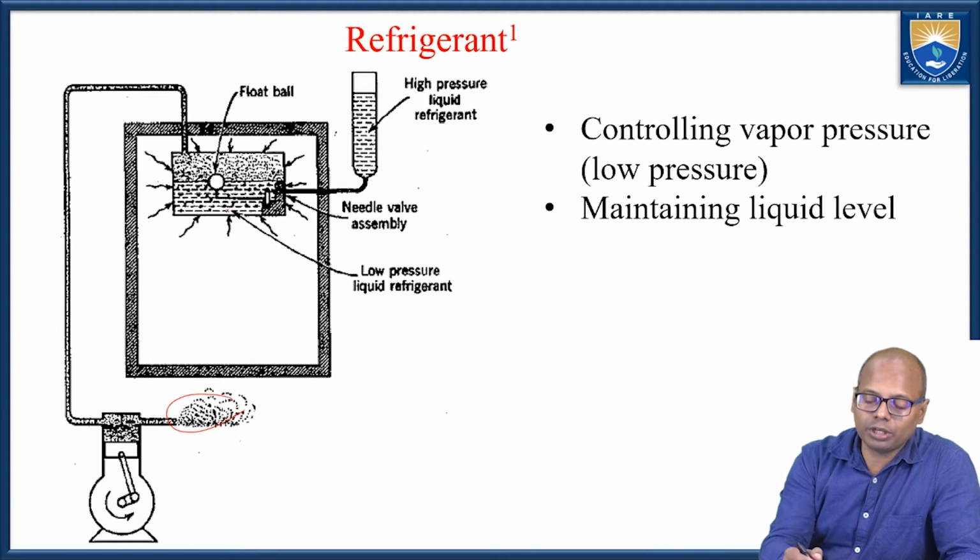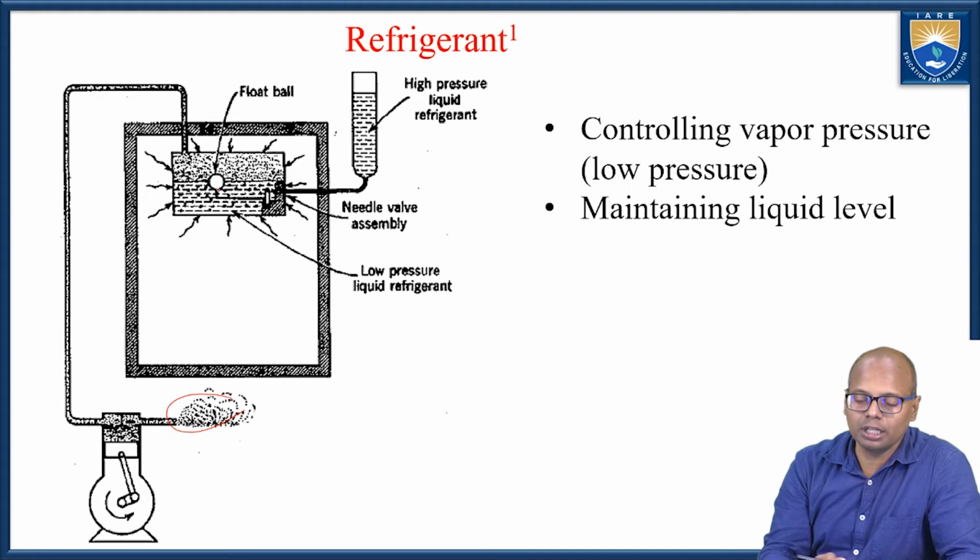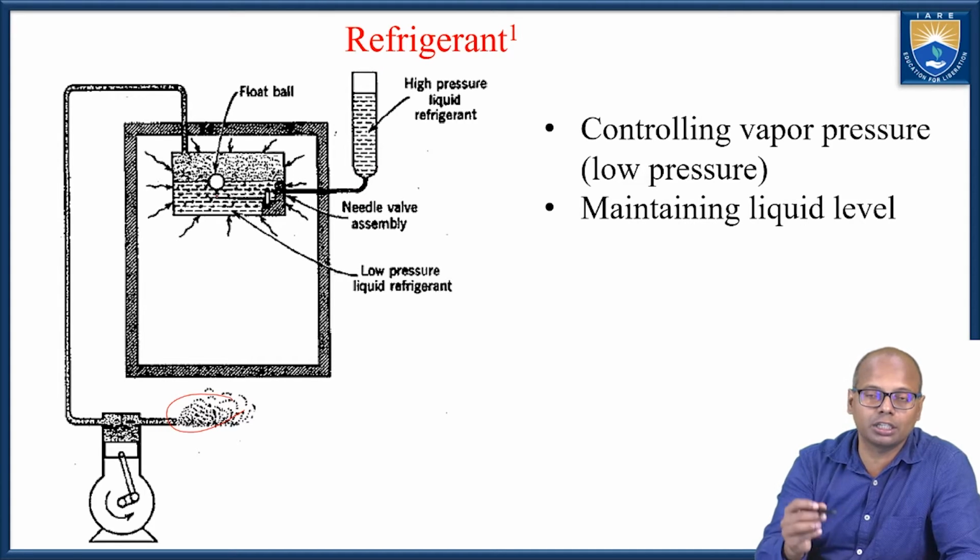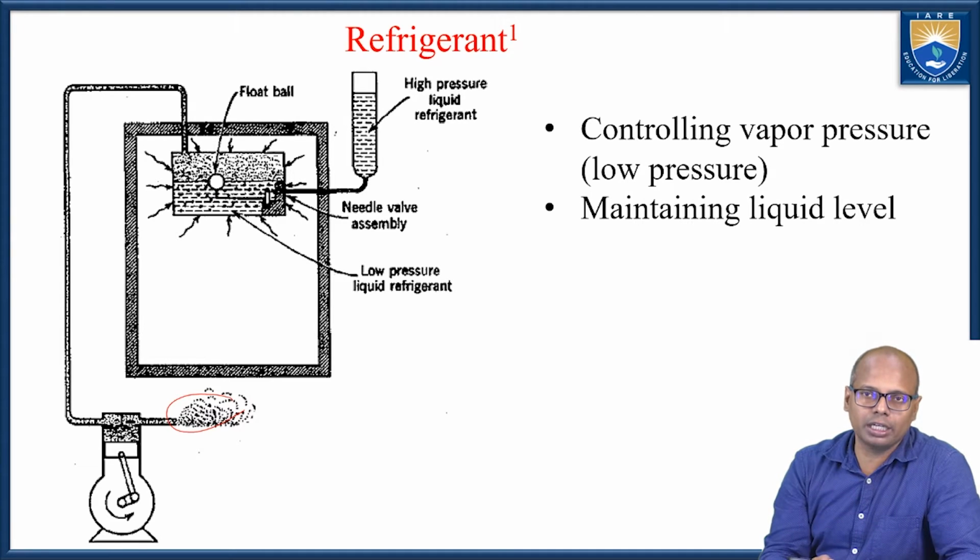So what we have to do is maintain the level of the fluid so that there is continuous cooling inside the refrigerant space. For that, we are having some tank kind of thing and we supply the refrigerant to the evaporator as it goes below the required level.